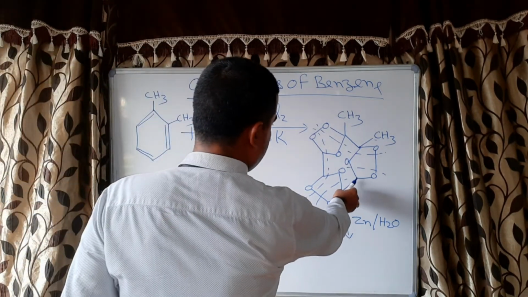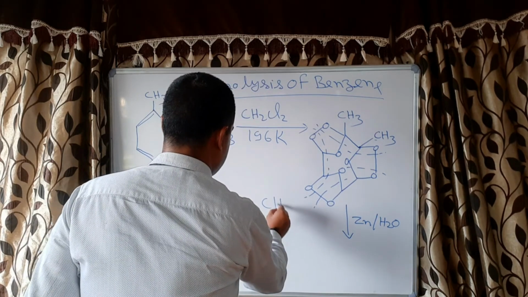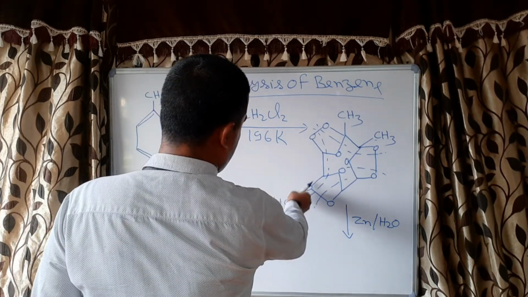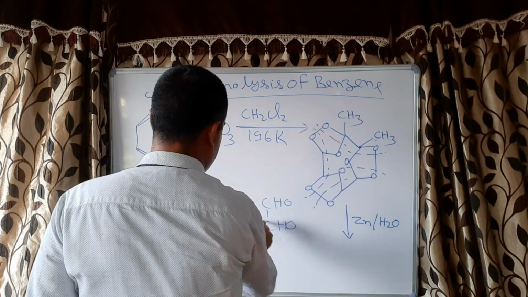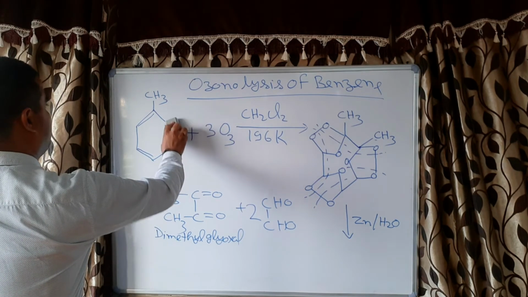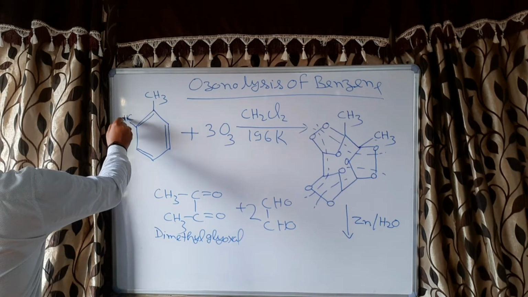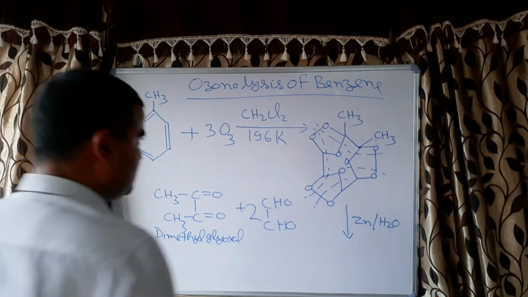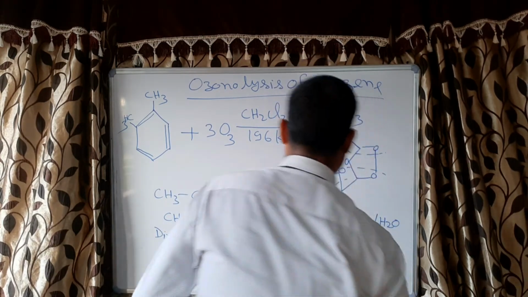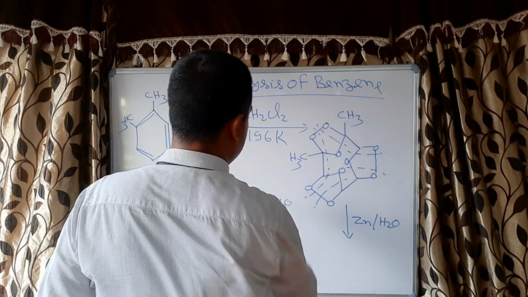Now next is CHO single bond CHO, meaning glyoxal. Now the third molecule is CHO single bond CHO, meaning there will be 2 molecules. Now suppose this CH3 is attached at this ortho position, then what will happen? Then this CH3 will come here, correct or not? Then what will form?